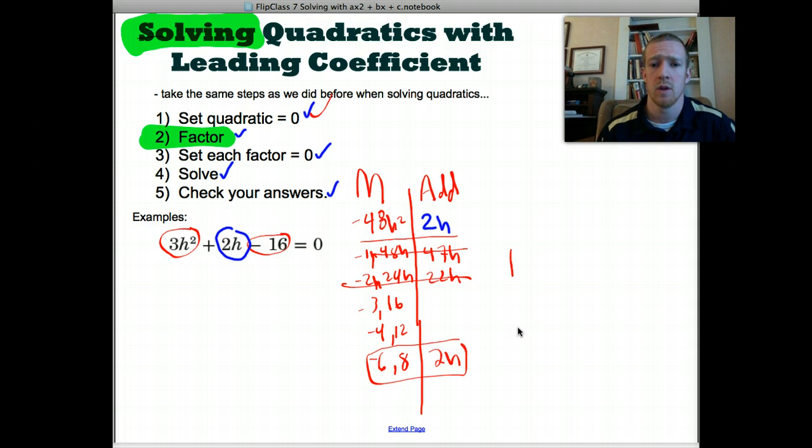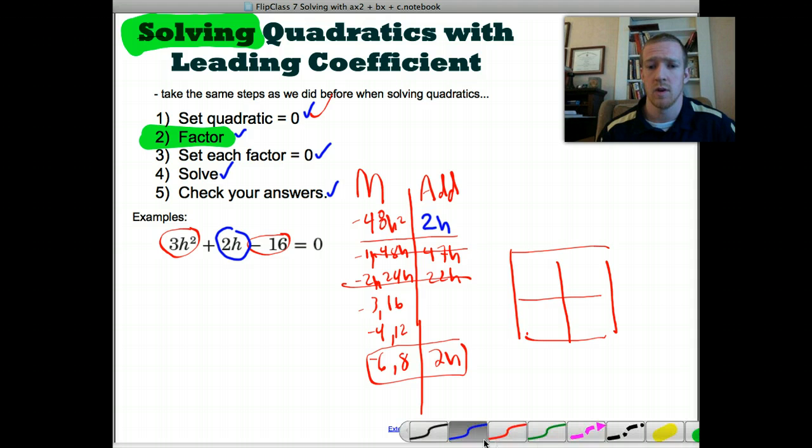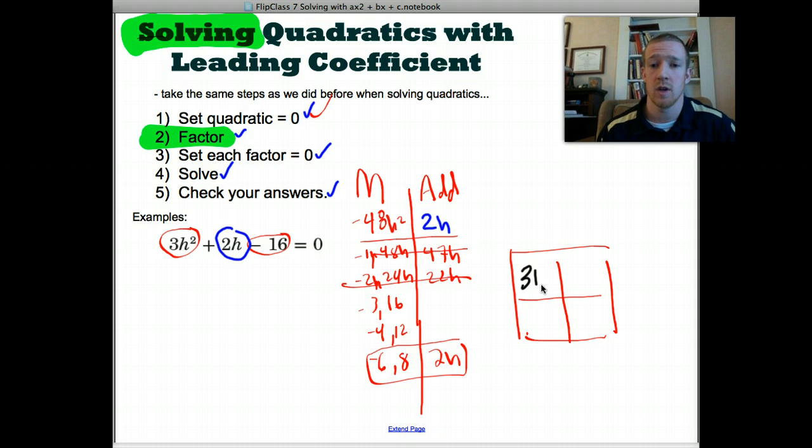Now I'm going to do the box method. You can do it the other way too, whatever lets you factor this kind of trinomial. So we put our 3h squared, put our negative 16 here, and then instead of having the 2h, we're going to have a negative 6h and an 8h. Once again, it doesn't matter which of these boxes.